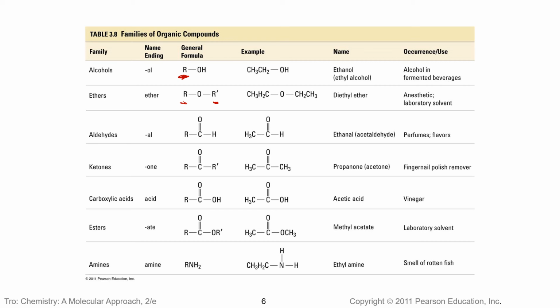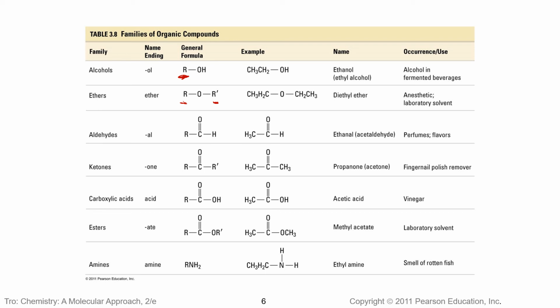One frequent ketone that you may know of is acetone, and this is fingernail polish remover. We also use it in the lab to help dry water because its boiling point is significantly lower than water's boiling point.